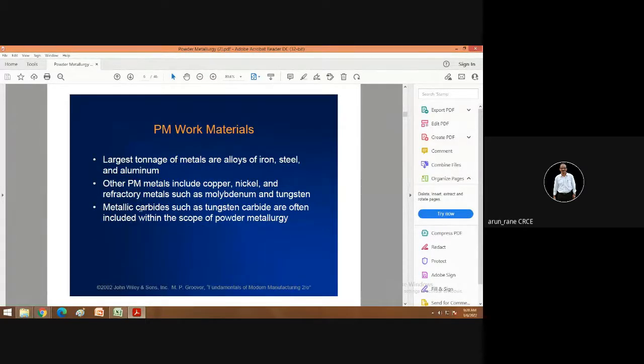The biggest limitation of powder metallurgy is its high tooling cost and equipment cost. As I told, you need 1,000 ton, 2,000 ton presses, then your tool cost or the die cost is very high because the material required for the dies is quite expensive.